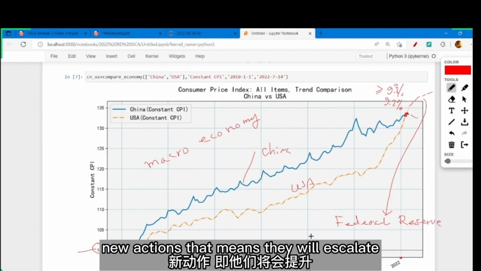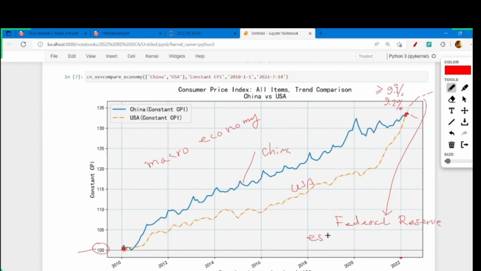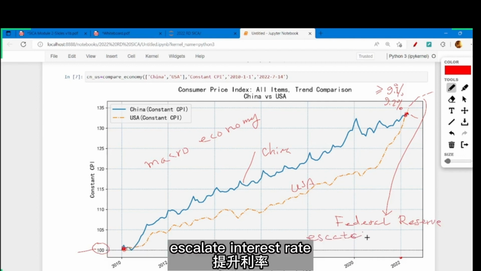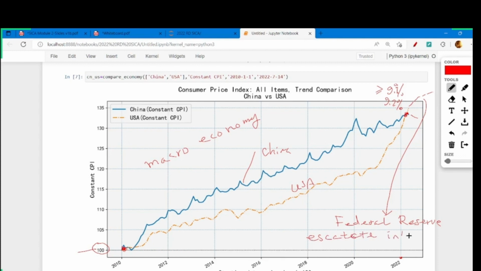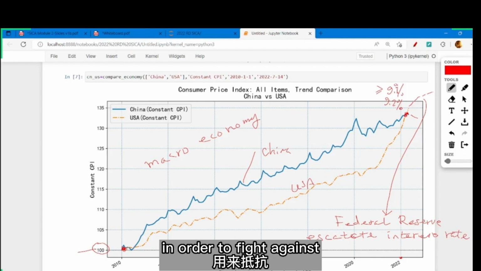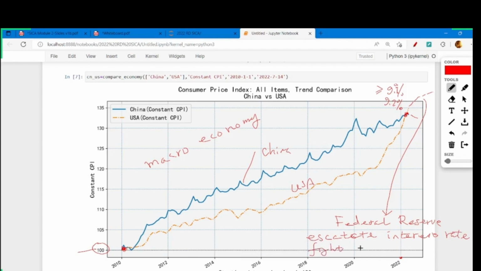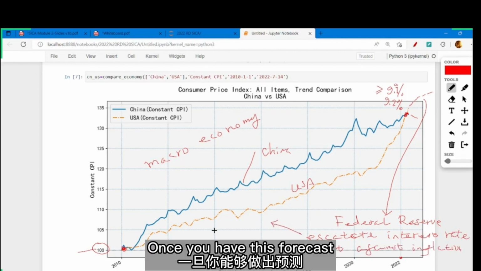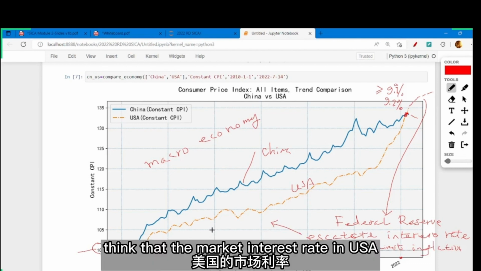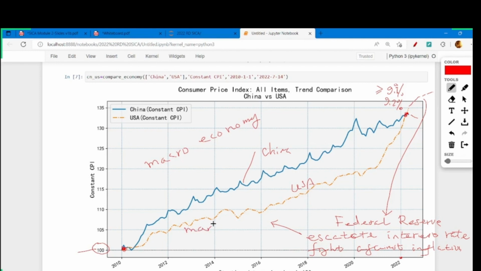That means they will escalate interest rate in order to fight against inflation. Once you have this forecast, you can quickly think that the market interest rate in USA would be higher.